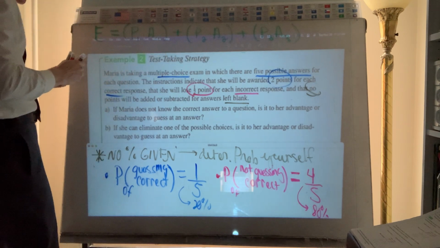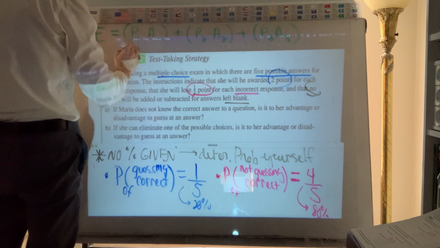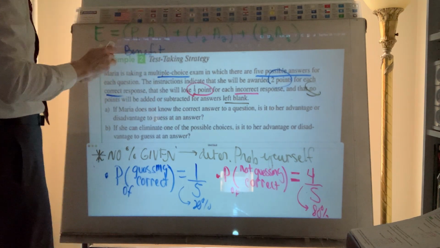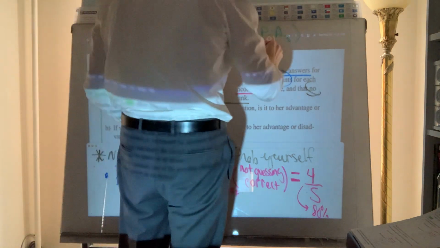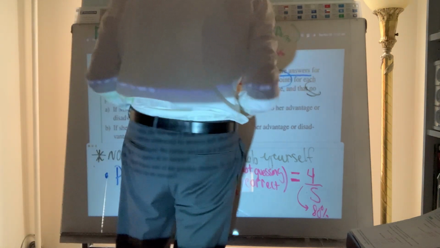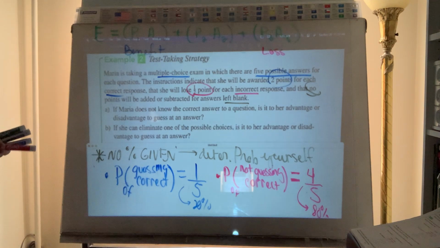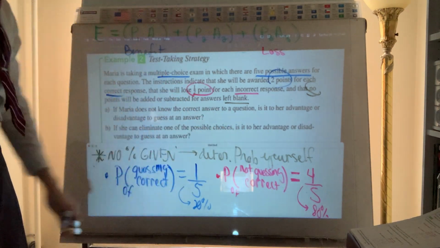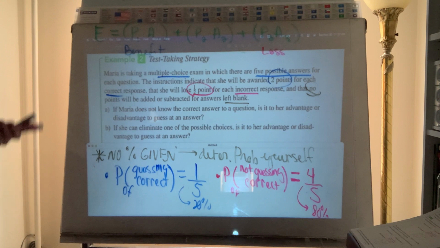All right, let's call this the benefit term. And we'll call this the loss term. And we'll use these appropriate probabilities here for the p-values. Right?